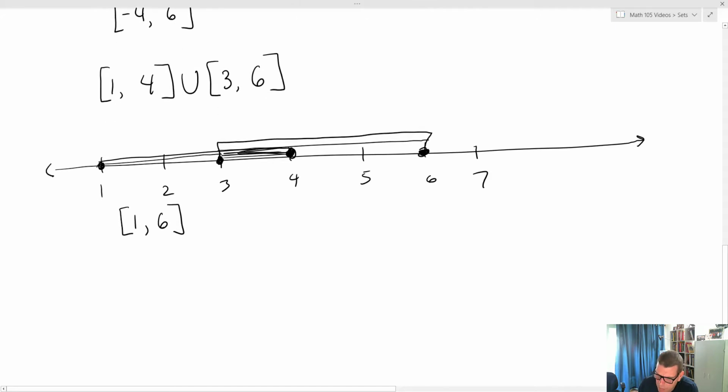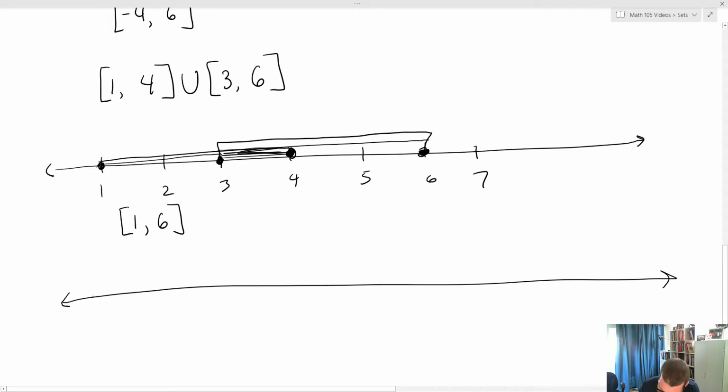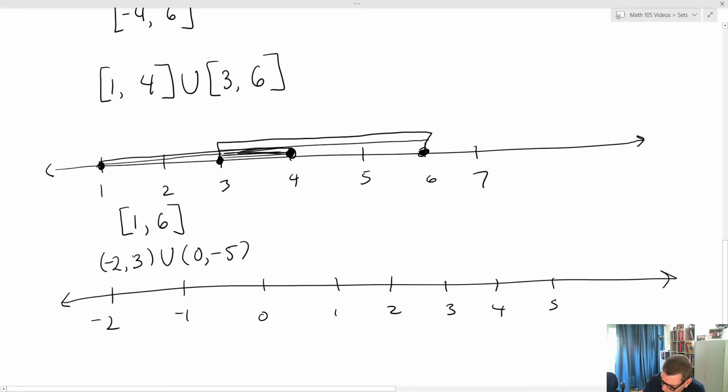All right, let's see what happens if we combine our sets. Let's say I want (-2, 3) and I want to union that with [0, 5]. So now I've got -2, -1, 0, 1, 2, 3, 4, 5.